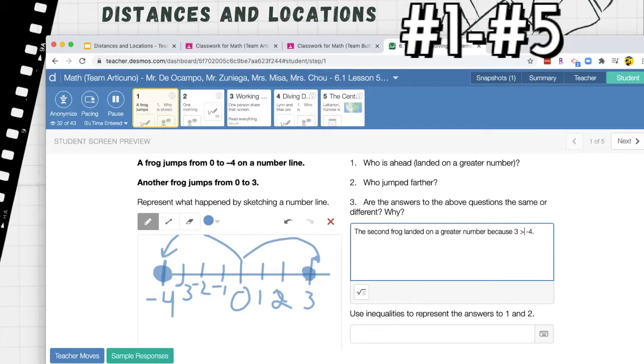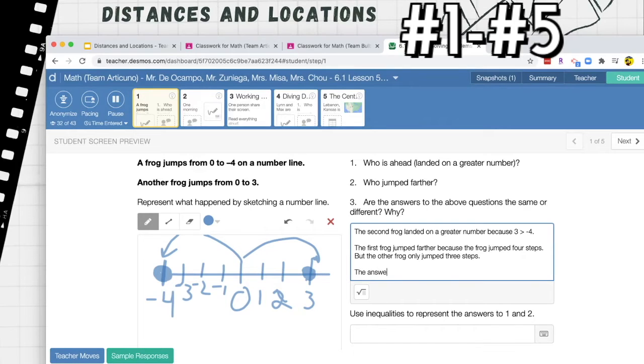The alligator always eats the bigger number. Who jumped farther? The first frog jumped farther, because the frog jumped 4 steps, but the other frog only jumped 3 steps.